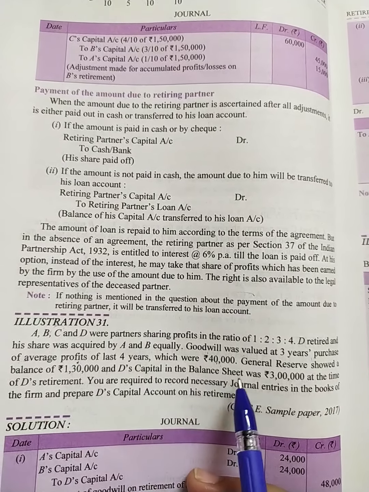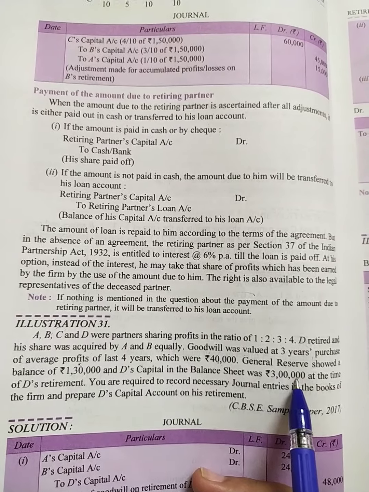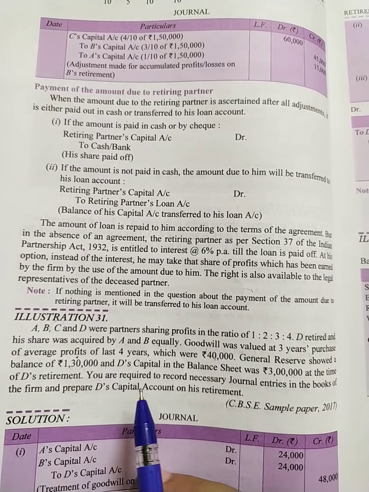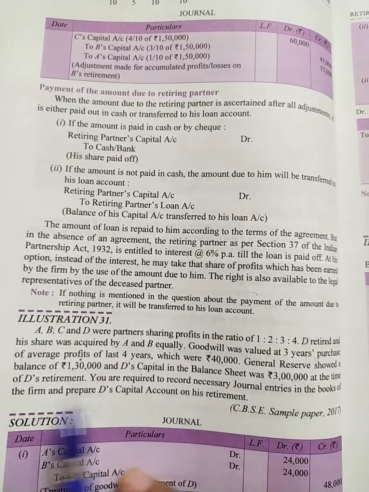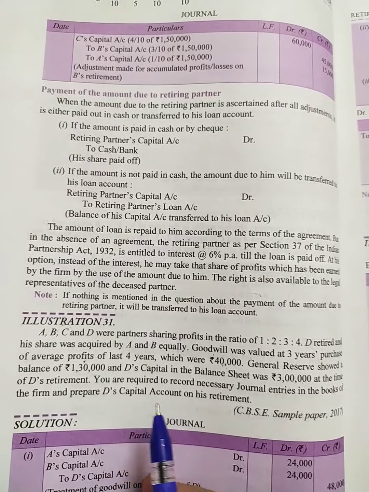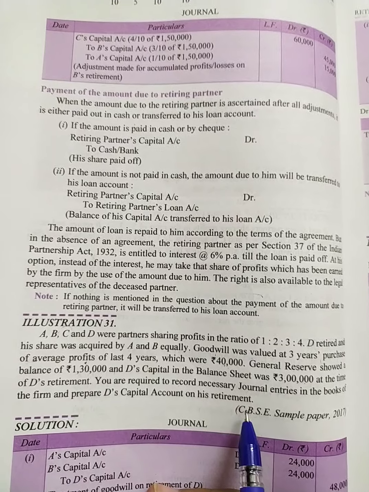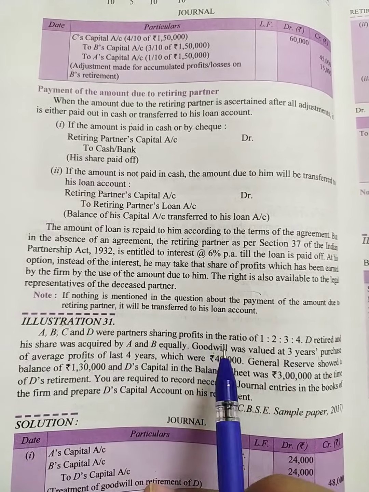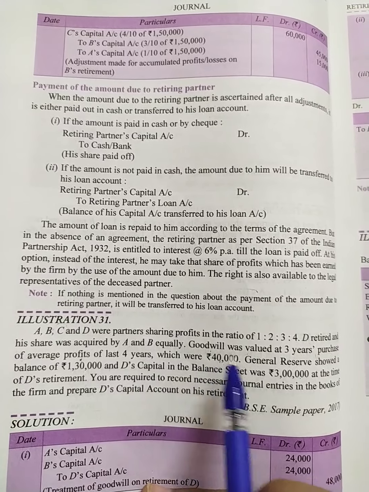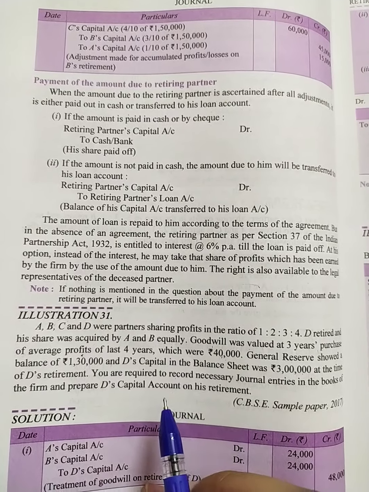D's capital is given to us, that is 3 lakh at the time of his retirement. So we are required to record journal entries in the books of firm and prepare D's capital account on his retirement. Okay, so let's start doing our entries with the calculation of goodwill.